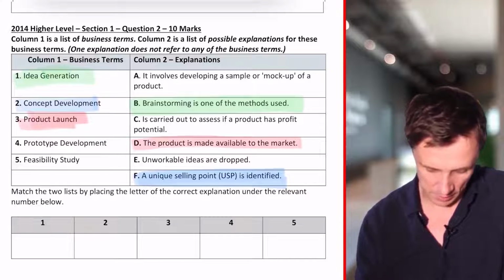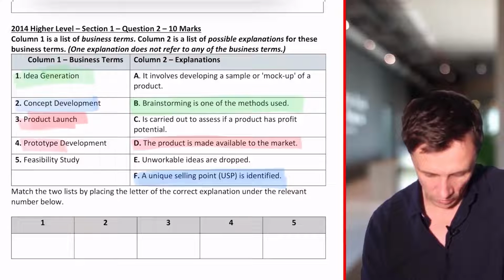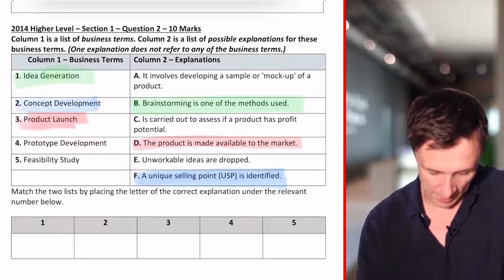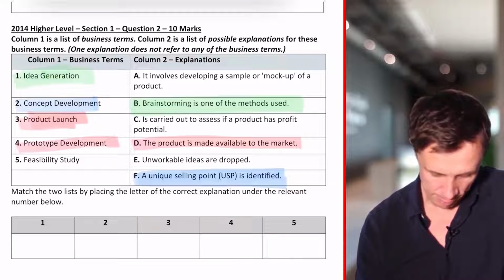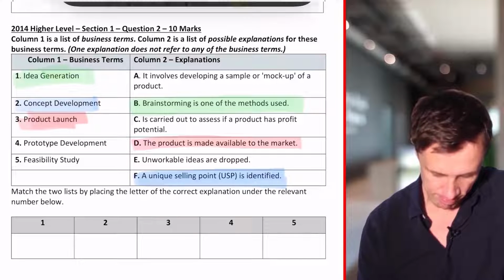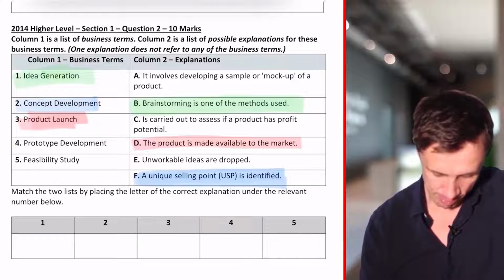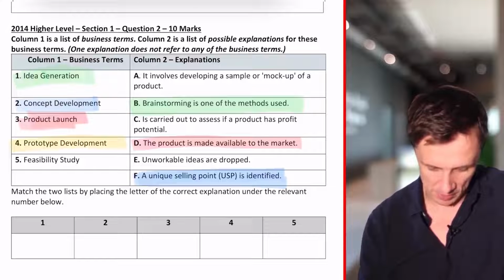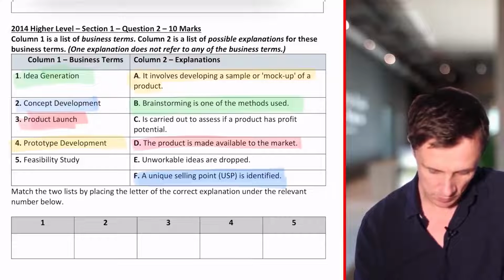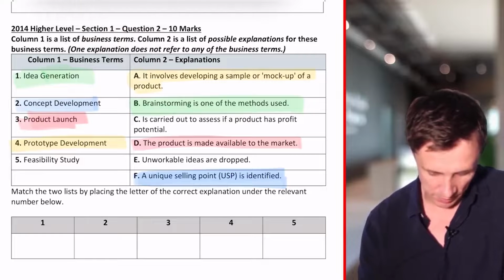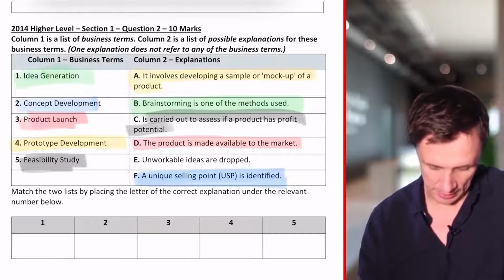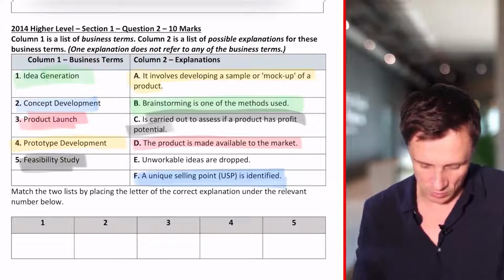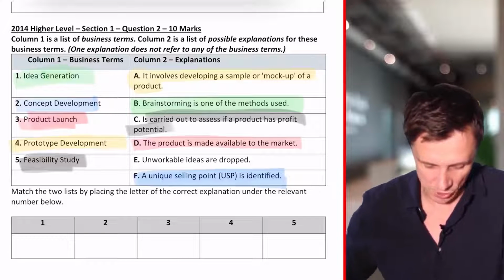Products made available to the market. 4, prototype development, again, developing a sample or a mock-up of the product. And the last one there, feasibility study, that is C, is carried out to assess if the product has potential.